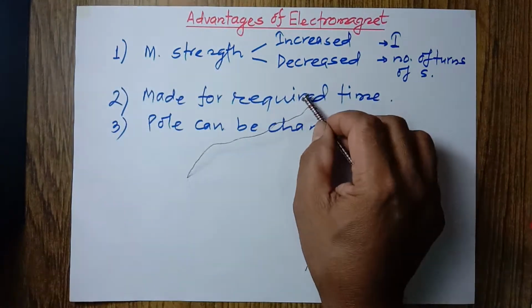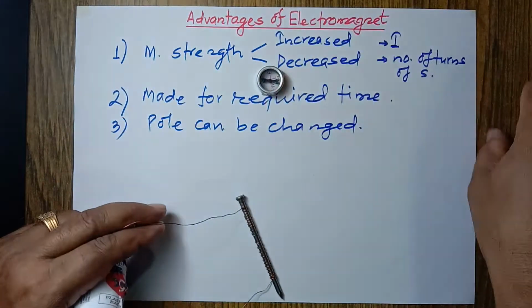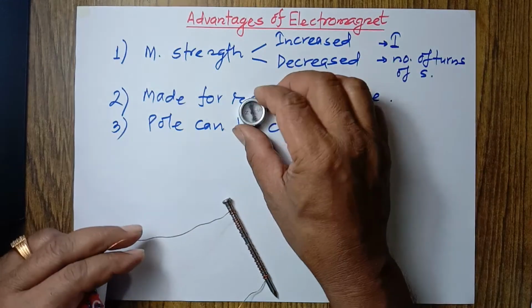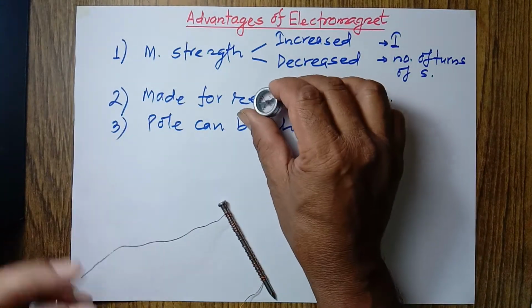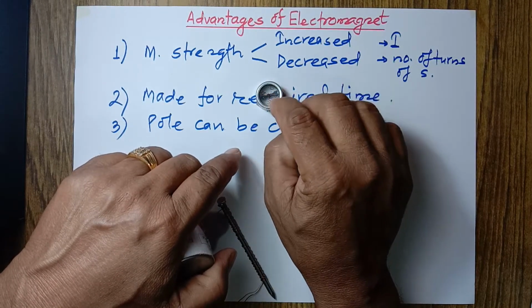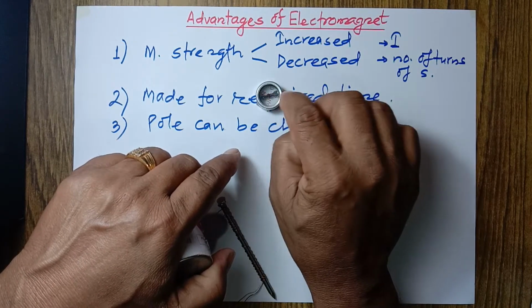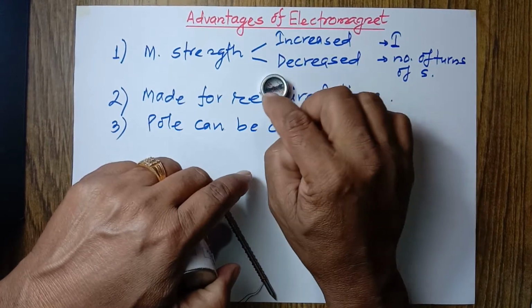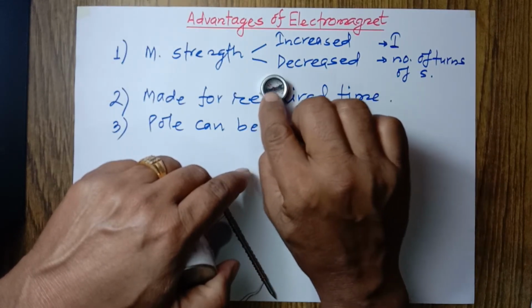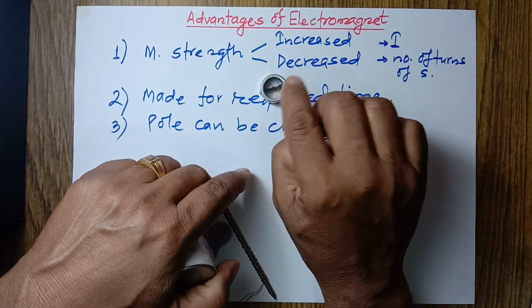Just for example, this is a magnetic compass and it has a definite north pole and south pole. Look at this arrow-like structure inside it. This arrowhead represents the north pole and the tail part represents the south pole.